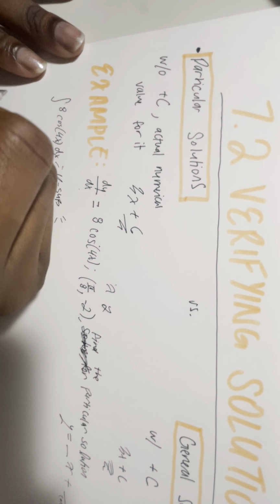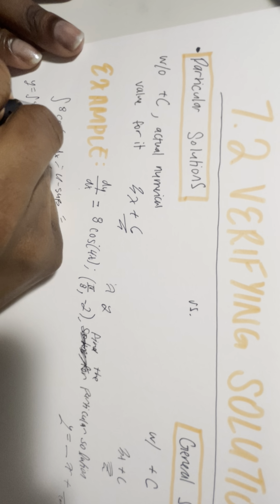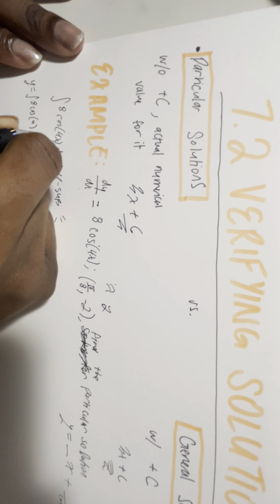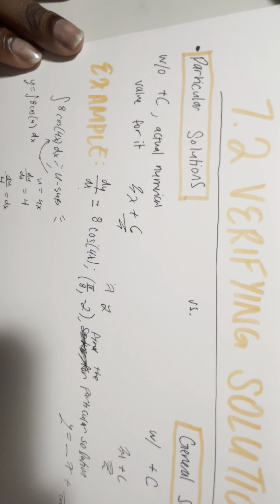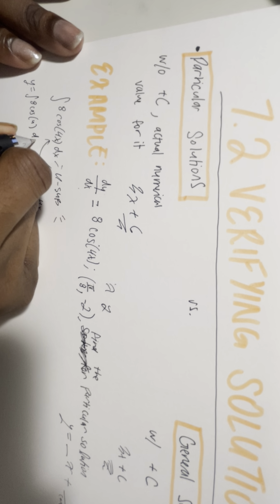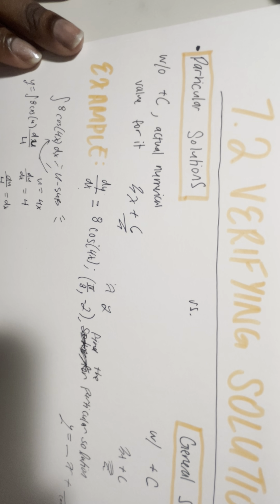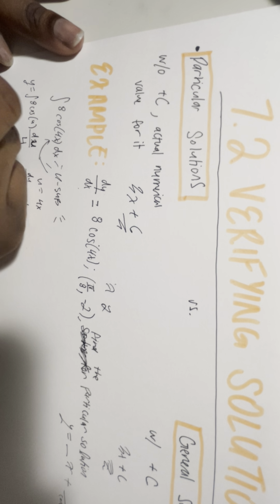So now we're going to get y equals the integral of 8 cosine u, remember, u sub for a reason, of du over 4. Perfect. Alright, so after that, we're going to go ahead and just integrate this out.